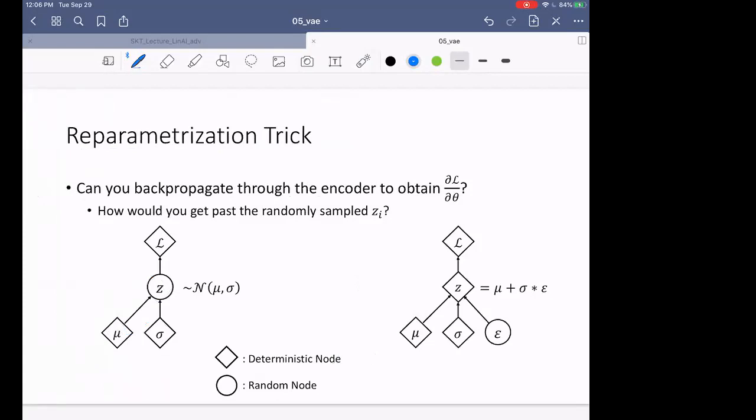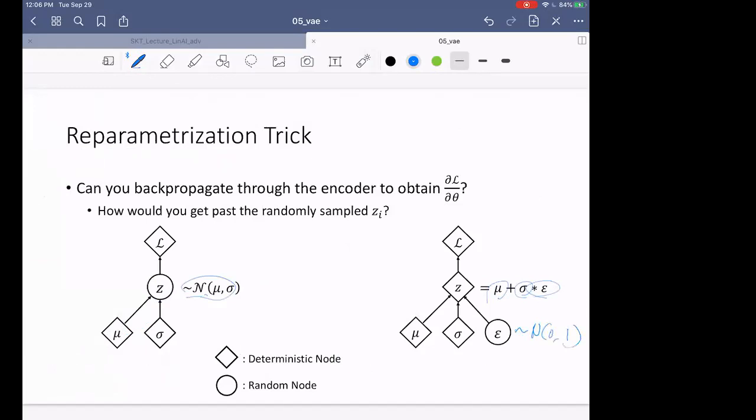So instead, what we do is you just rearrange, you view z in a different light. z was a sample from a Gaussian distribution, but now z is mu plus sigma times some epsilon, where epsilon follows a unit Gaussian distribution.